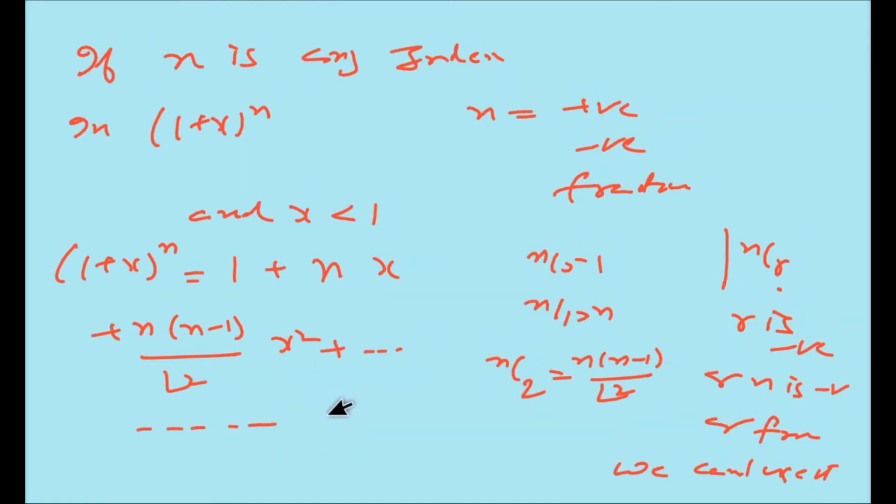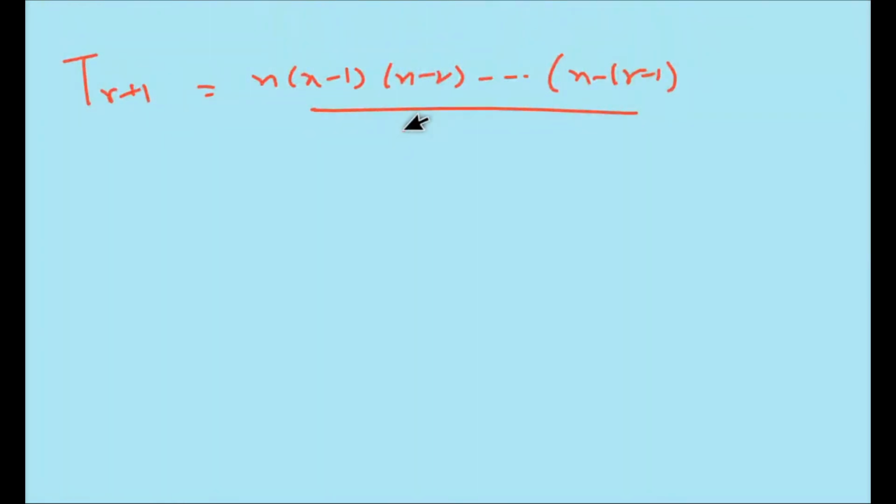Okay student, so the general term will be T(r+1) = n(n - 1)(n - 2)...(n - r + 1)/r! x^r.